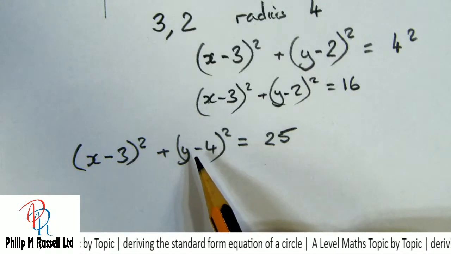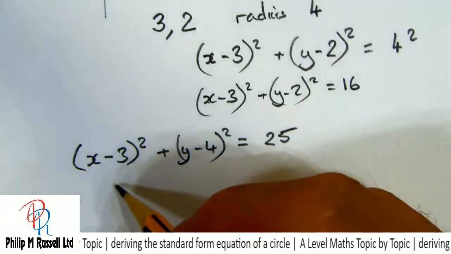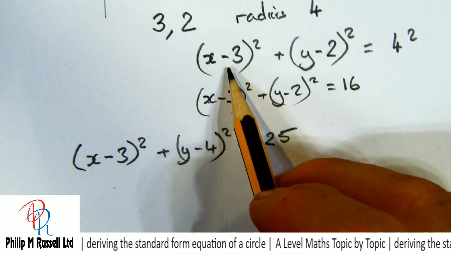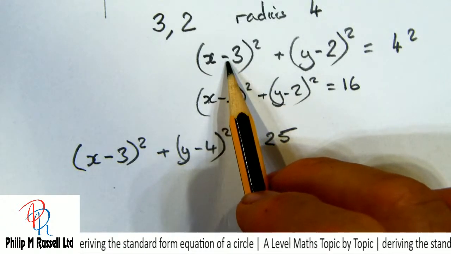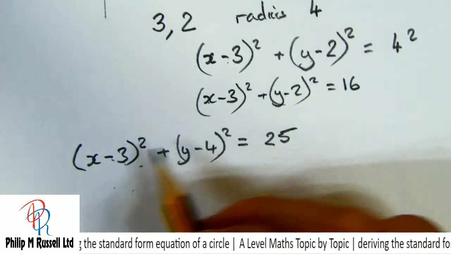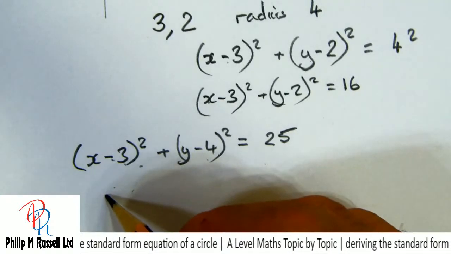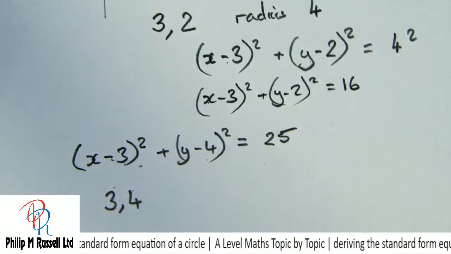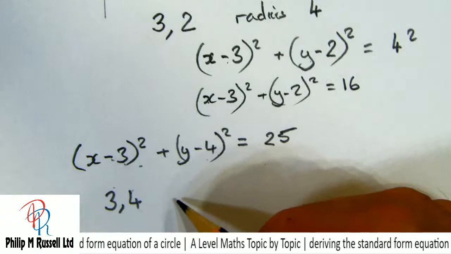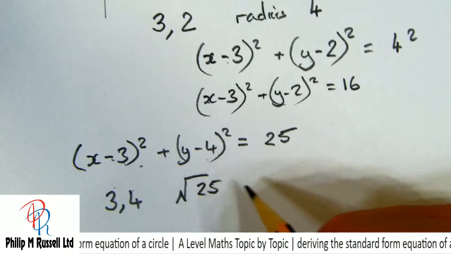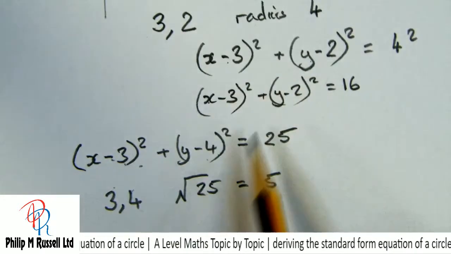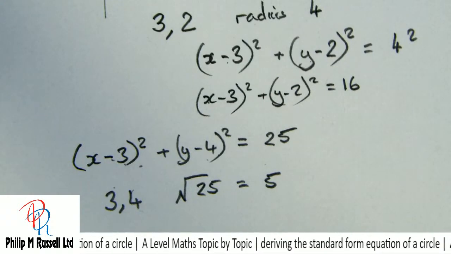Now, to work out the center of this circle, we've got our numbers here, and we're going to need to change the sign, so it's going to be 3 and 4 for the center of our circle, and to work out the radius is simply going to be the square root of 25, which is obviously 5. So we can flip from one to the other really remarkably easy.